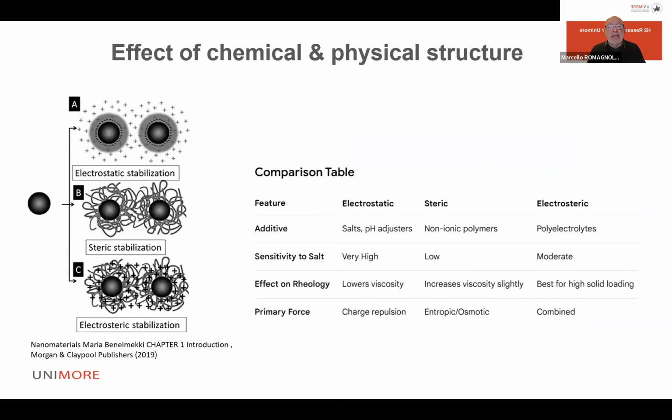We can work on this parameter, for example, obtaining an electrostatic stabilization by increasing the potential. We can work with polymers to stabilize the suspension by steric stabilization, or also electrosteric stabilization that combines both electrostatic and steric stabilization.